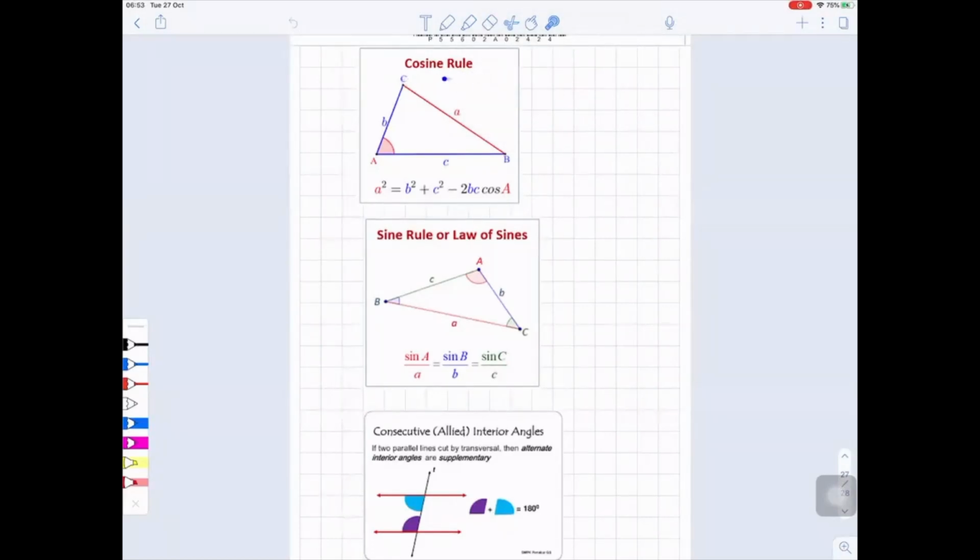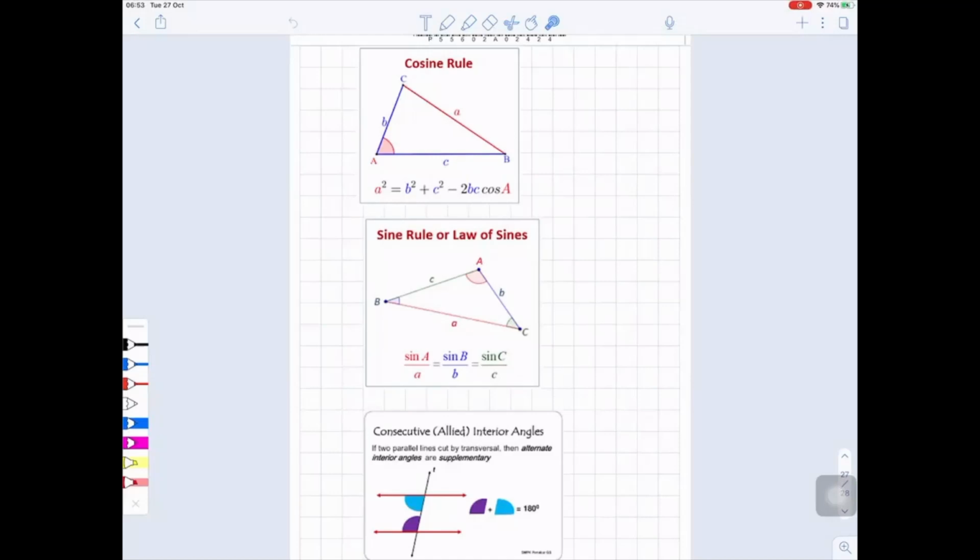For the cosine rule, a squared equals b squared plus c squared minus 2bc cos A. So the a is the red line there. So a squared equals b squared plus c squared minus 2bc cosine of the angle between b and c.